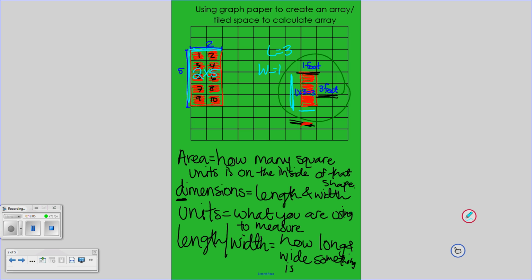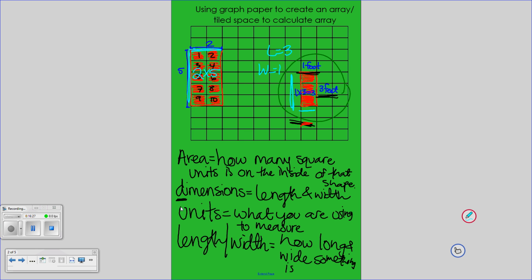Yep. But what if I turned my shape? Is my long side still in the same spot? No. It's just flipped. It's just turned.